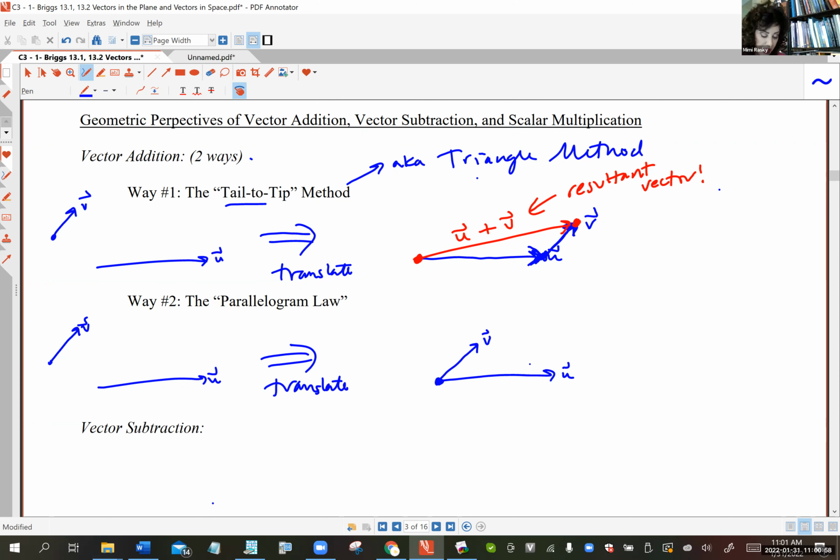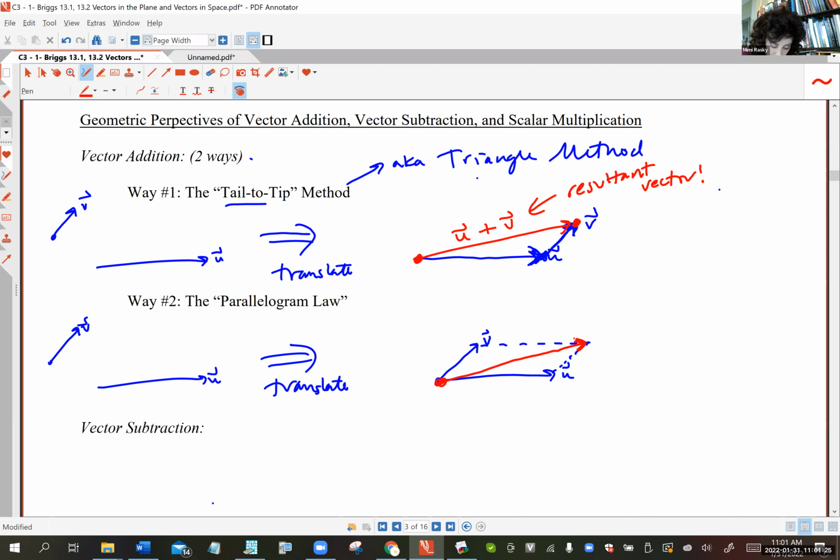Now, here's why they call it the parallelogram law. Can you imagine that these two vectors are adjacent side lengths to a parallelogram? Sure you can. In fact, with dotted lines, I'll just sketch in what the other two sides would look like. And now, draw the diagonal for that parallelogram.